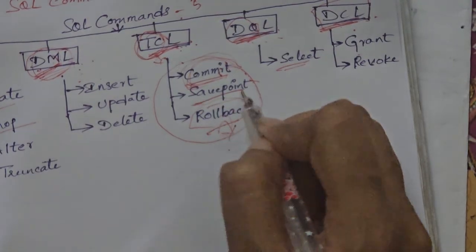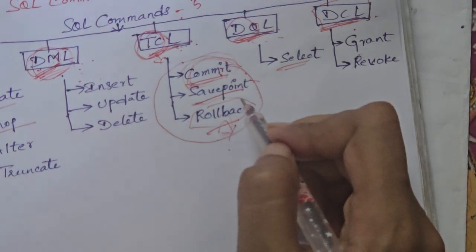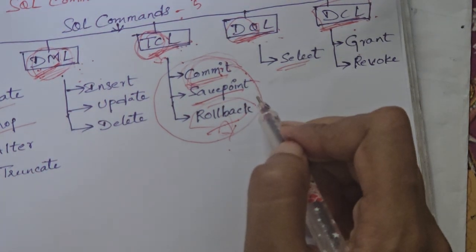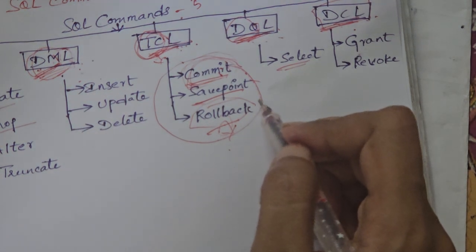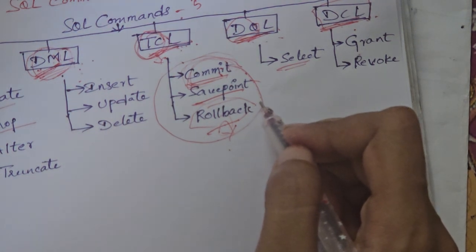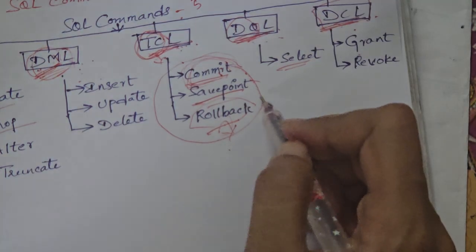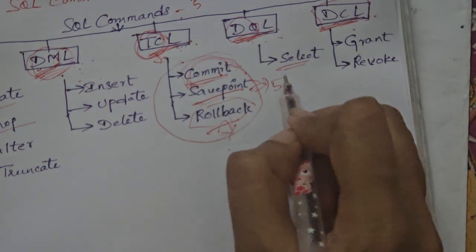And savepoint, you can use it inside your transaction. For example, you are having some 10 transactions. So you can set a savepoint at your 5th transaction, meaning you can roll back easily to the 5th transaction, like that.